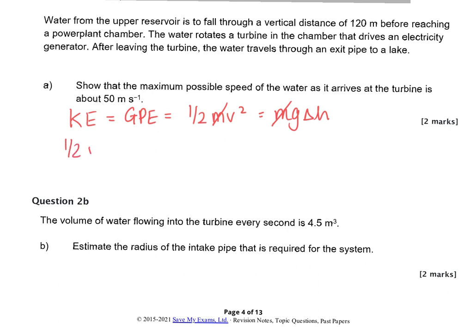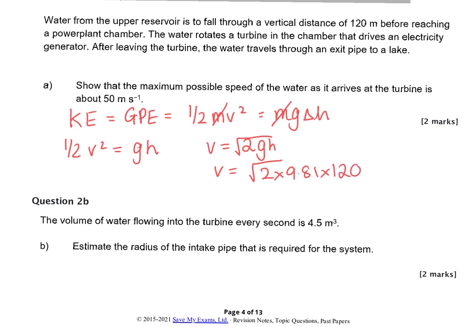We've got half v squared is equal to g, and I'm going to change it from delta h just to h. Then we can rearrange this to get v: 2gh and then square root it. Then we can pop in the numbers: 9.81, and the height that it's being dropped from is 120 meters, and that gives us a velocity of 48.5 meters per second.